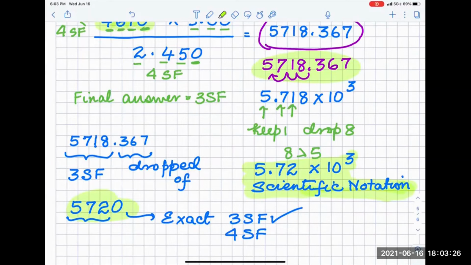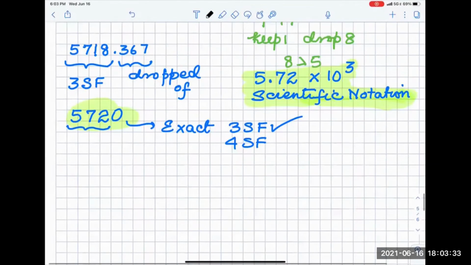Why is there a 0 in the end? Here's the thing. Use this comparison: 5718 and 572. Are these two numbers different or not?